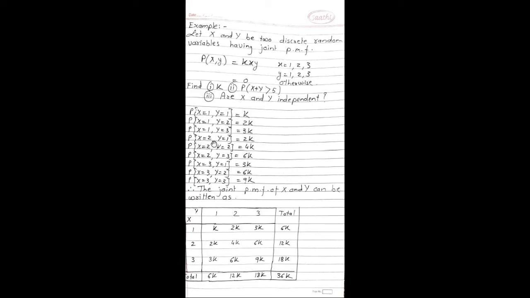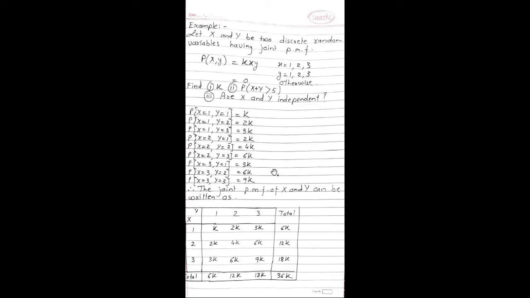Probability x is equal to 2, y is equal to 1 becomes 2k. Probability x is equal to 2, y is equal to 2 becomes 4k. Probability x is equal to 2, y is equal to 3 is 6k. Probability x is equal to 3, y is equal to 1 is 3k. Probability x is equal to 3, y is equal to 2, the value becomes 6k.